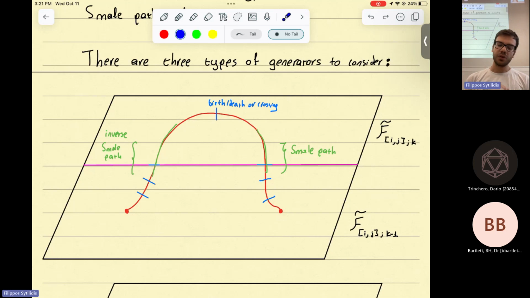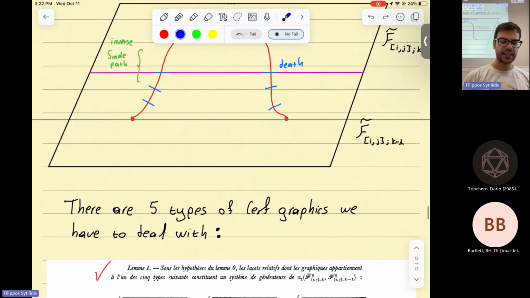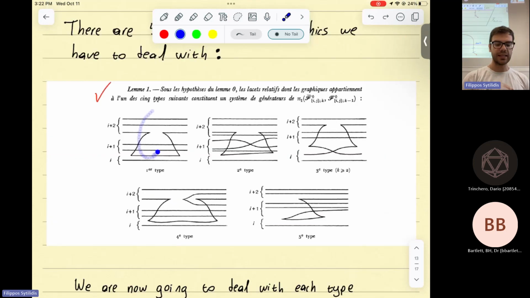Technically, I didn't include this as a case, but in practice I might have a birth, death, or crossing here, which might be completely disjoint from everything else that's happening. So I can just push it away and be left with just an inverse Snell path composed with a Snell path. In practice, for lots of these cases, that's the only thing I have to worry about. But you certainly do need to worry about that, no doubt, exactly.